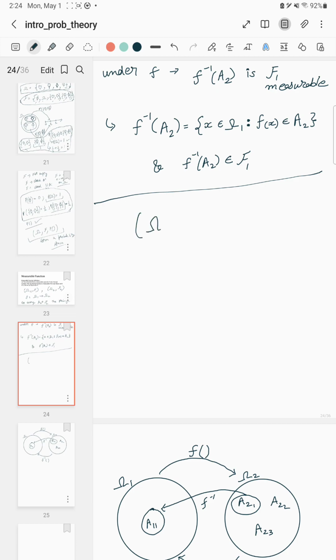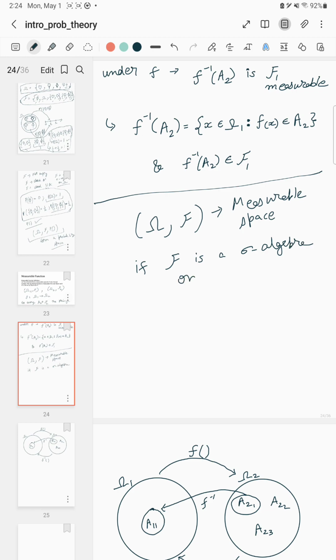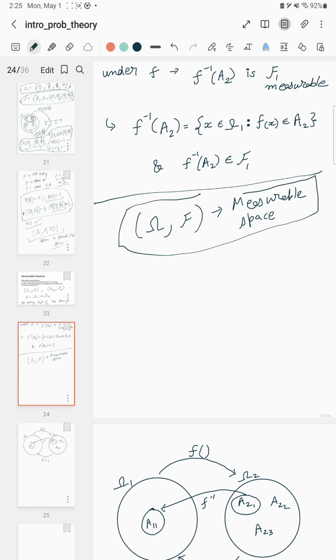So this is a measurable space if F is a sigma algebra on omega, which is our sample space. For F to be a sigma algebra, we know from the previous conditions that it should be a non-empty set, closed under complement, and closed under countable union. So now we know that omega and F form a measurable space.